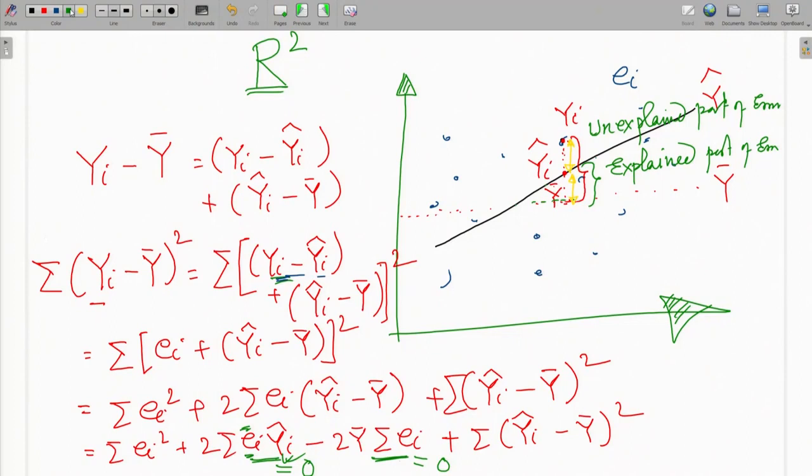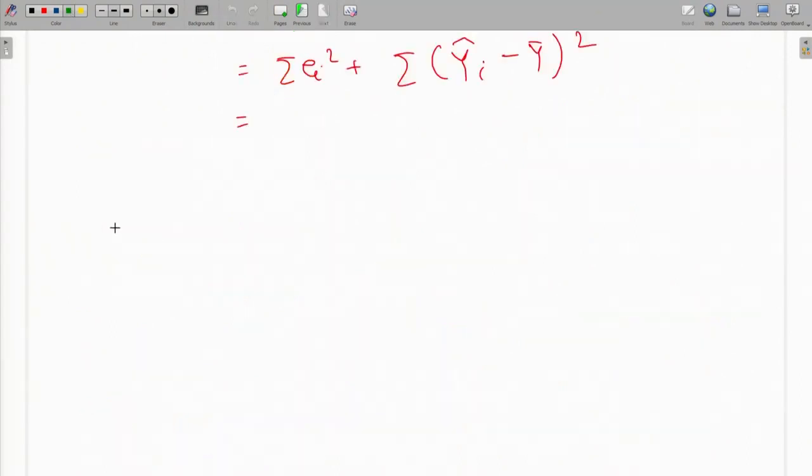I can write TSS is equal to this, and this part is the unexplained part of the error. Sometimes we write residual sum of squares, RSS, and this part we can write as explained sum of squares, SSE. So, you can write TSS is equal to RSS plus SSE.